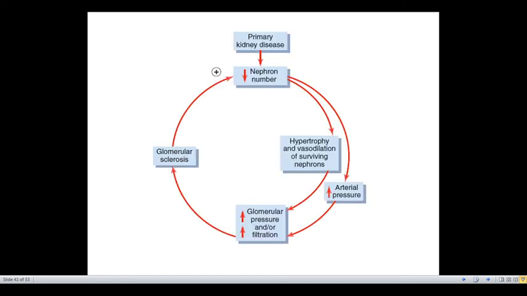This figure shows the vicious cycle that can occur with primary kidney disease.